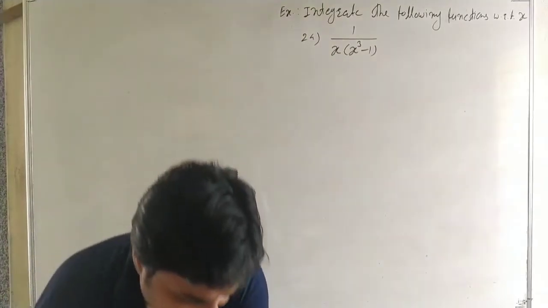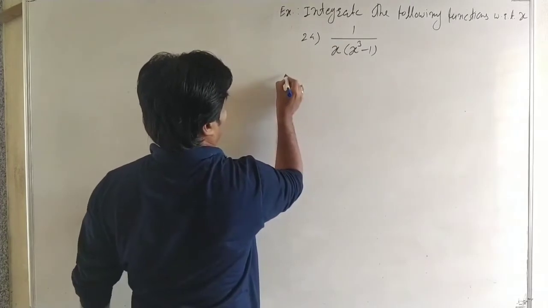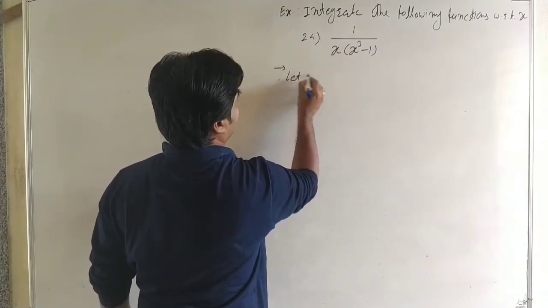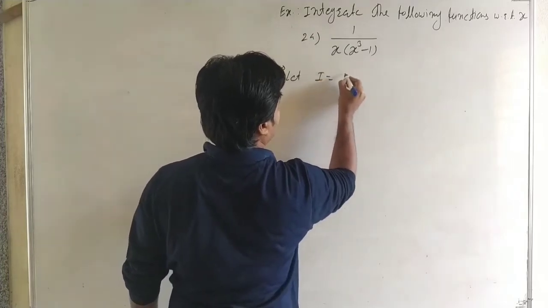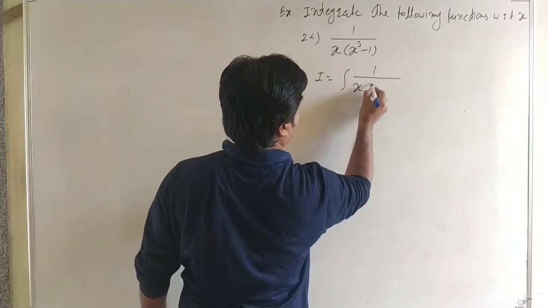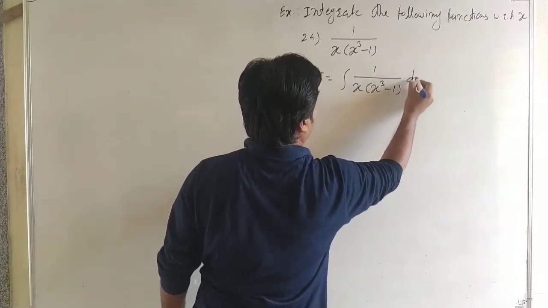Here, see carefully this example. Integrate this with respect to x. Let the integral be 1 upon x into x cube minus 1 dx.